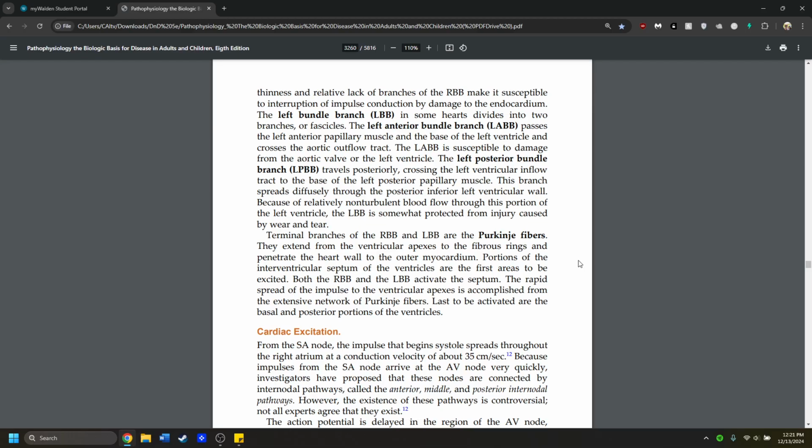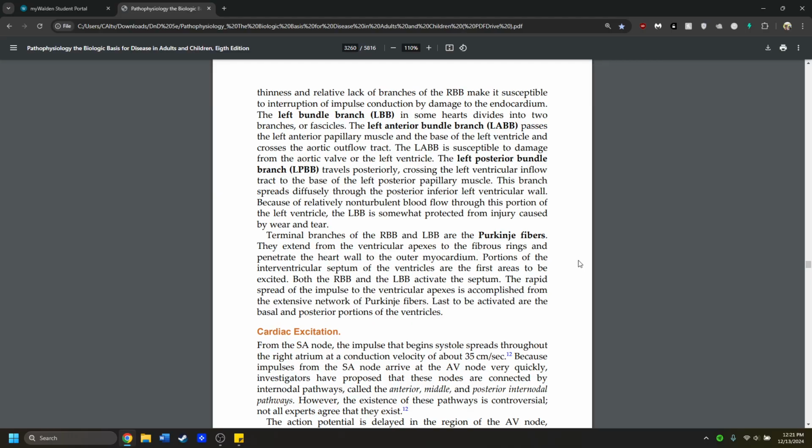The left anterior bundle branch passes the left anterior papillary muscle and the base of the left ventricle and crosses the aortic outflow tract. The left anterior bundle branch is susceptible to damage from the aortic valve, or the left ventricle.